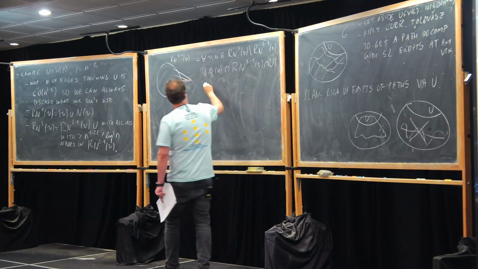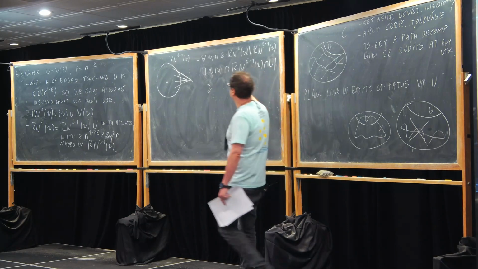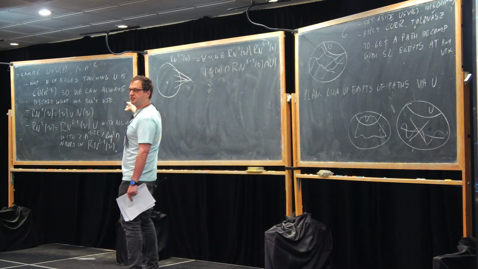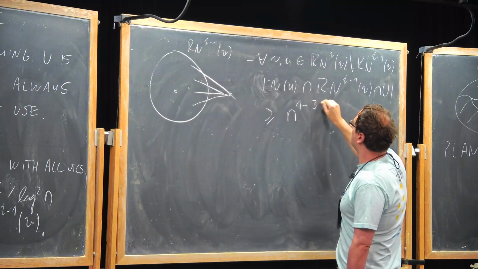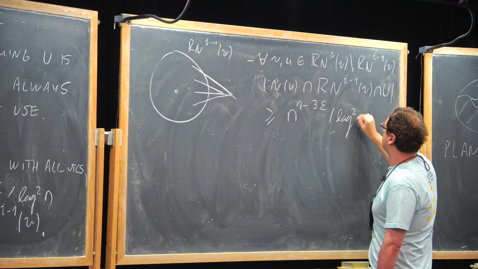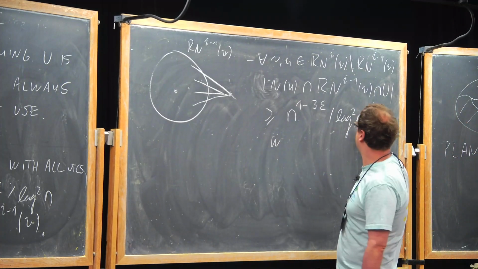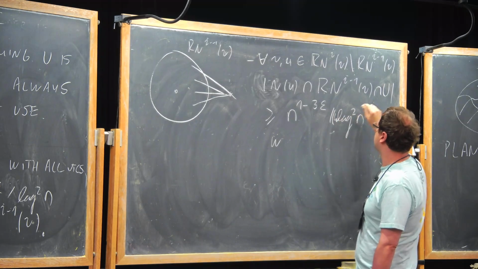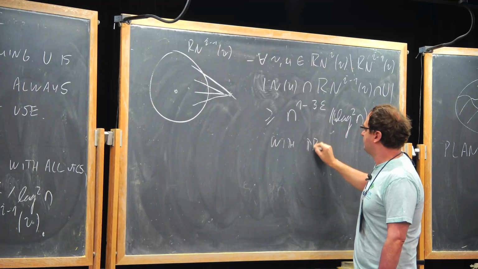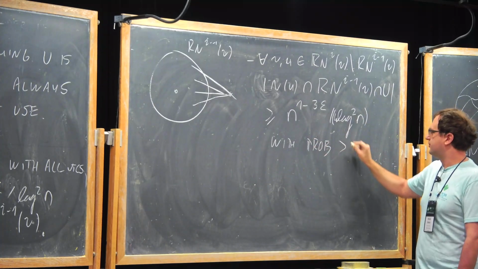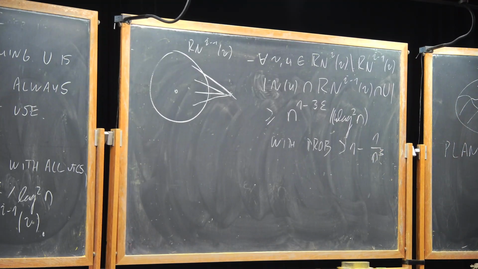And what do we expect? Well, this is sampled with probability n to the minus epsilon, so you get n to the 1 minus 3 epsilon things that you expect to see there. I want this to hold with sufficiently high probability, and maybe I need a 4, whatever, so that Chernoff starts to kick in, with probability bigger than 1 minus 1 over, let's say, n cubed or something like that.